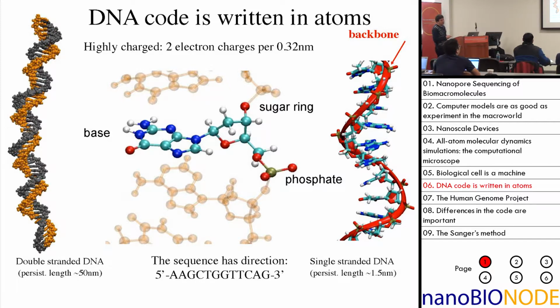The base is the part that differs among the different letters of the genomic alphabet. So A, C, G, T are written here. Those are all atoms. I'm sure you're familiar with this, but the take-home message is that the DNA code is written in atoms. So if you want to build a tool using fabrication or something that can read the sequence of the DNA directly, it's kind of difficult. This is the ultimate nanotechnology.